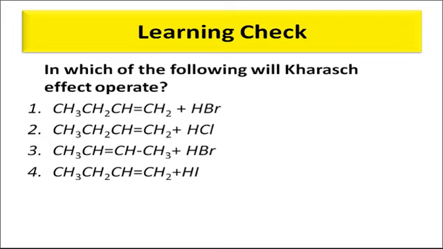Second is the reaction of 1-butene with hydrogen chloride. Third is the reaction of 2-butene with hydrogen bromide. Fourth is the reaction of 1-butene with hydrogen iodide. Pause the video for a while and think about the answer. We will discuss its answer in tomorrow's live class.